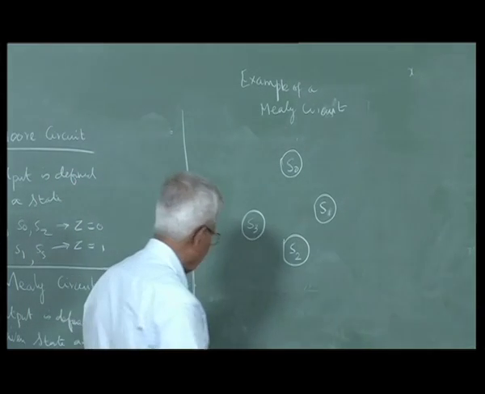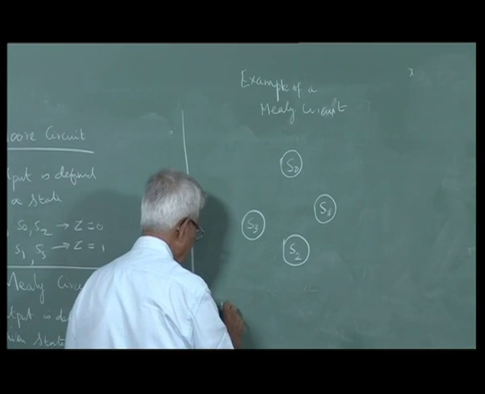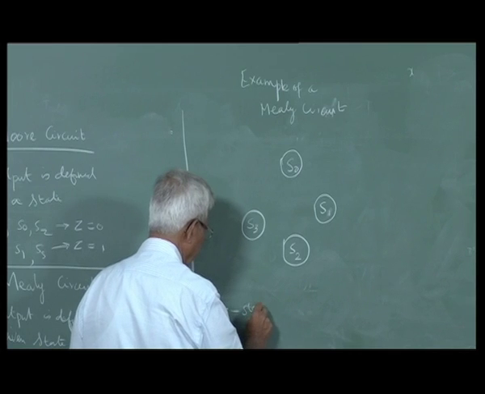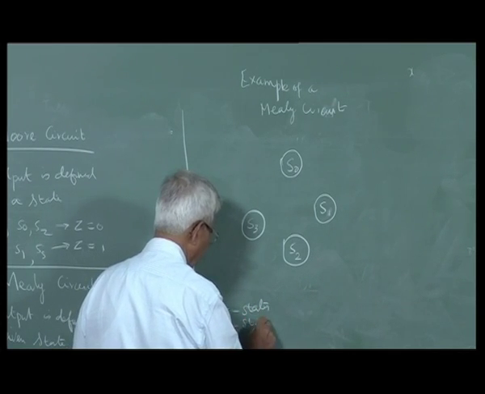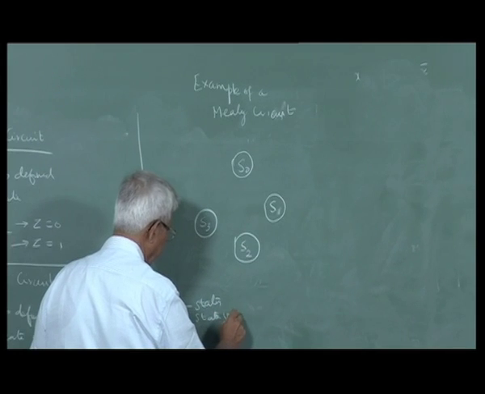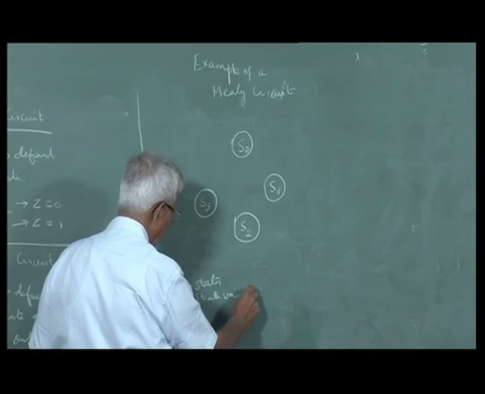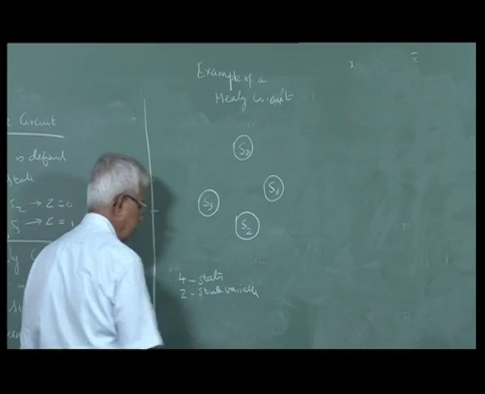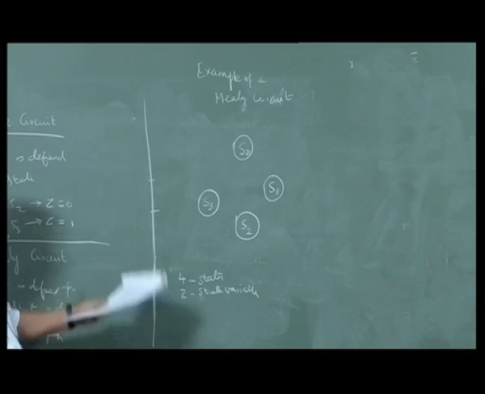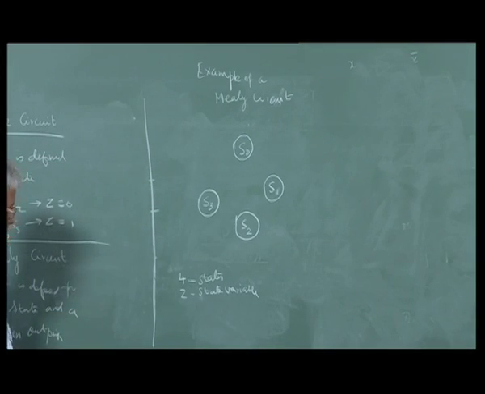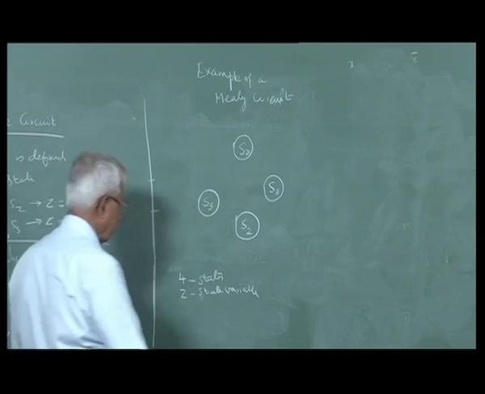Again, 4 states, 2 state variables. 4 states require number of state variables equal to logarithm to base 2 of the number of states. Logarithm of 4 is 2. So, 2 state variables. We will call them A and B again.